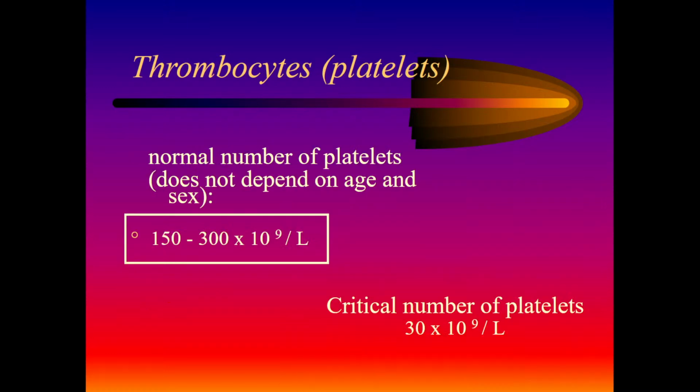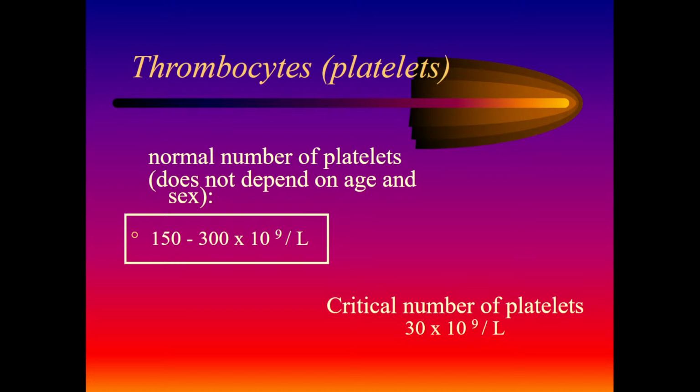The normal number of platelets does not depend on age and sex. It's on average between 150 to 300 in 10 to the 9th degree per liter.